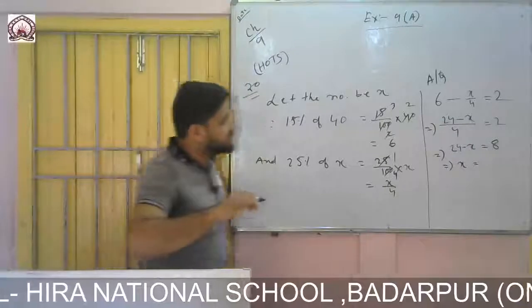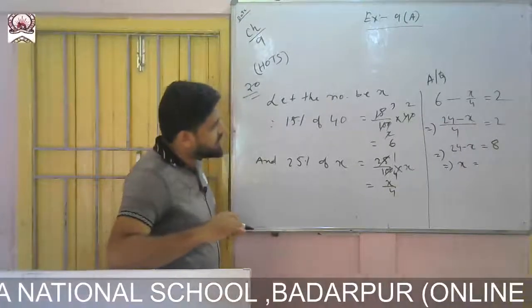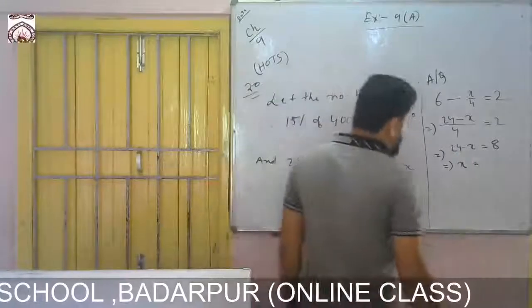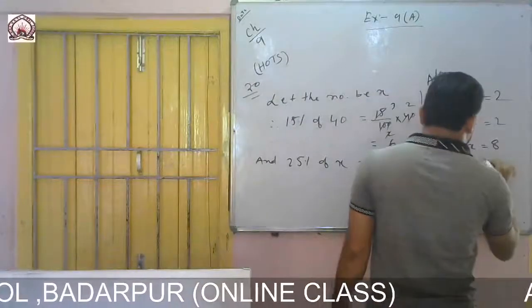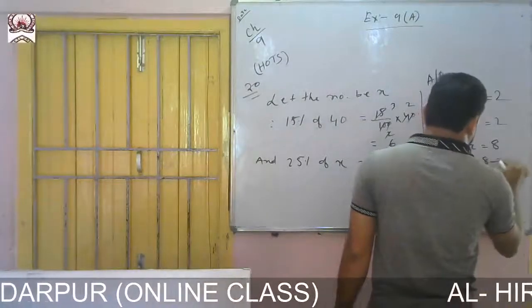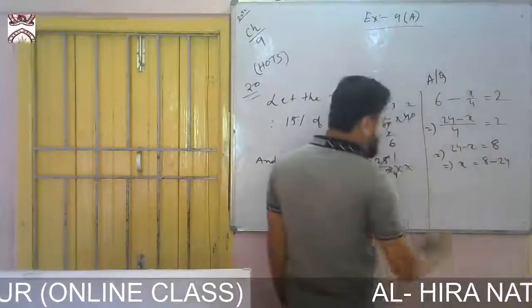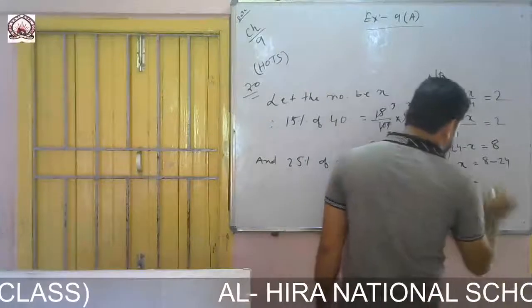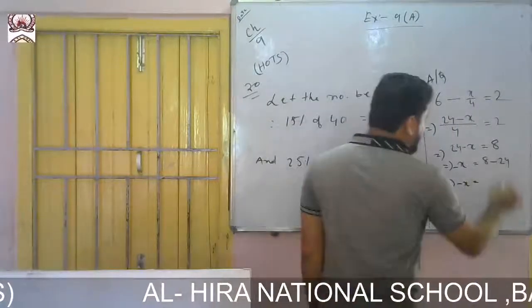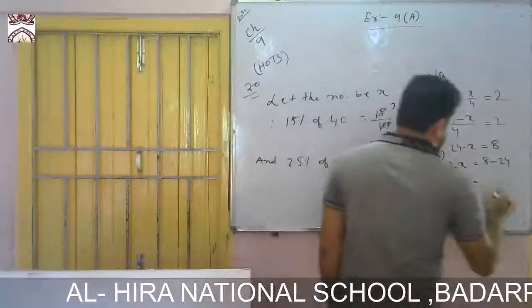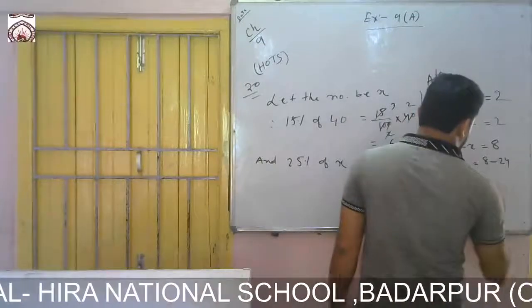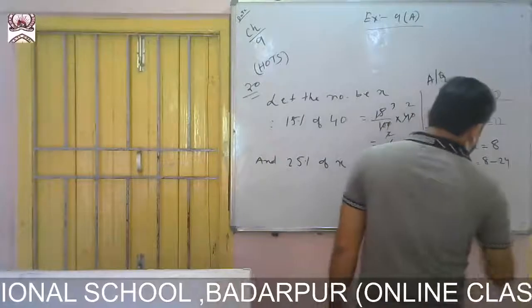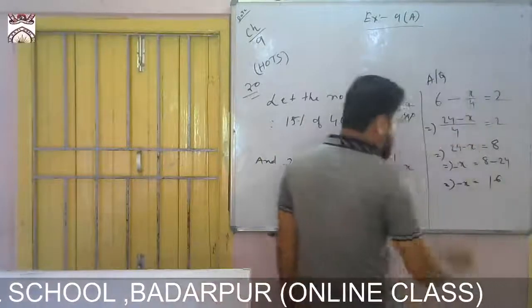So minus X equals 8 minus 24. Here minus X, so minus X equals 8 minus 24, which is minus 16.